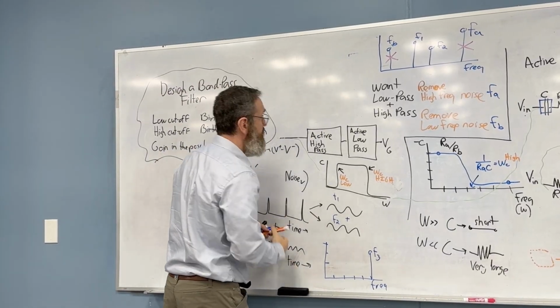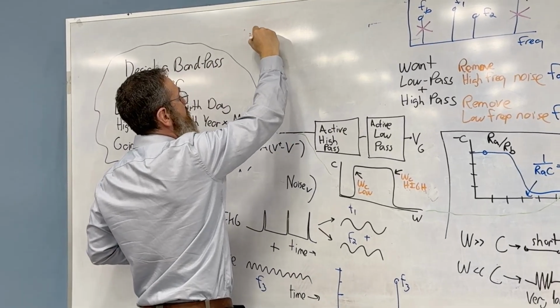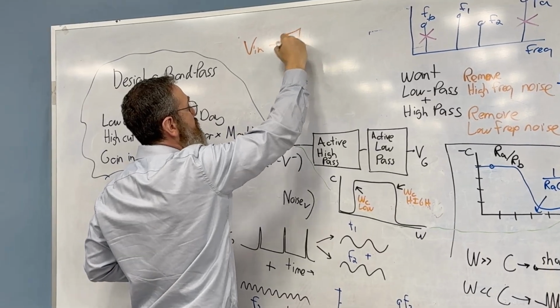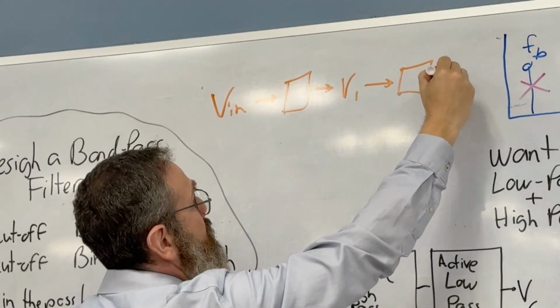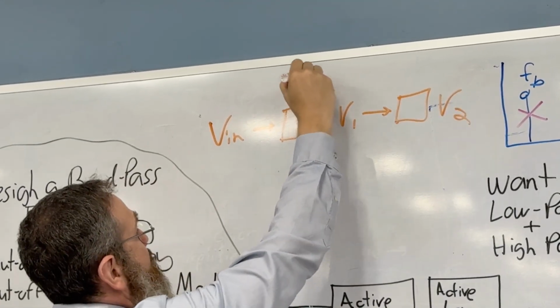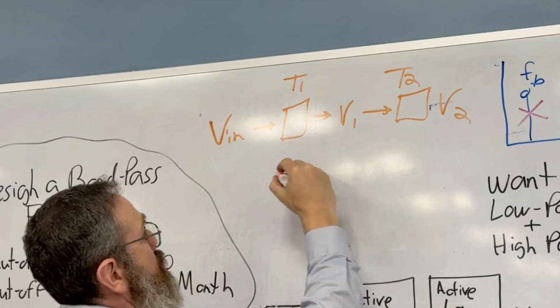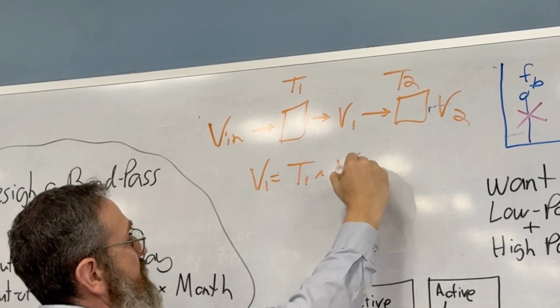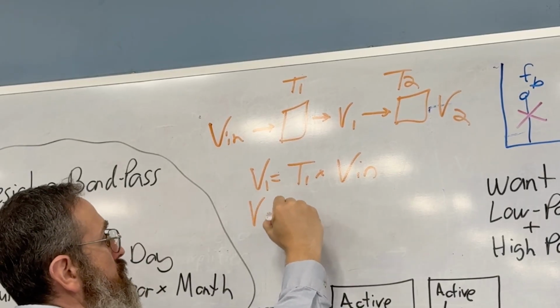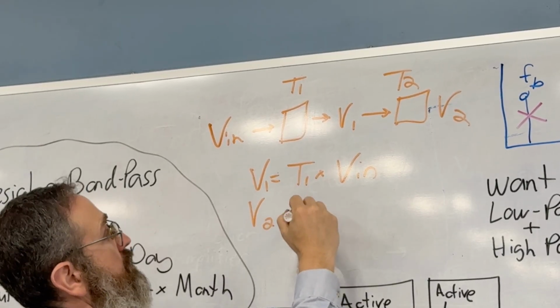This is so obvious, but here's your V in, and here's one circuit, and here's your V1, and here's your other circuit, and here's your V2, and this has transfer function 1 and transfer function 2.